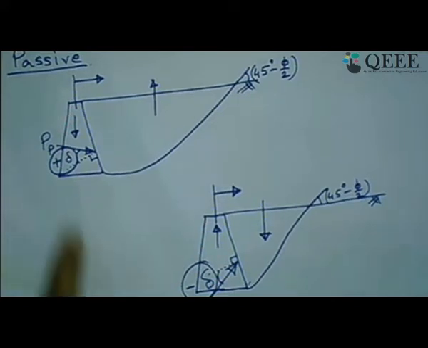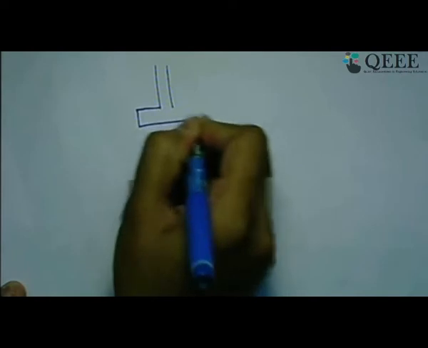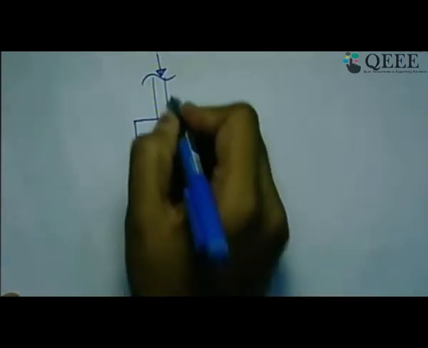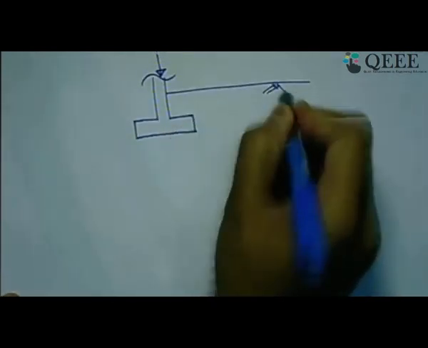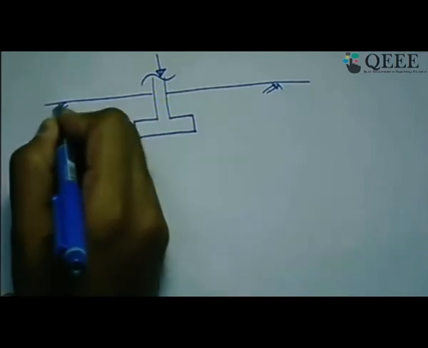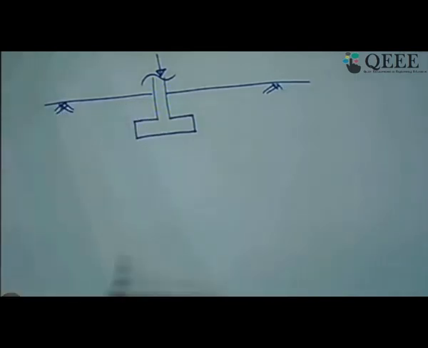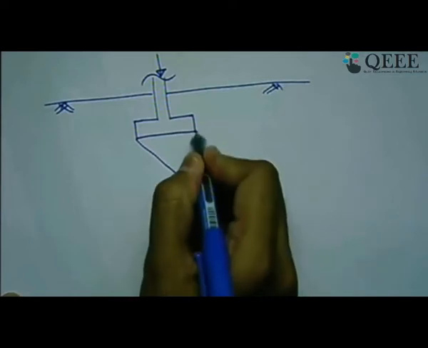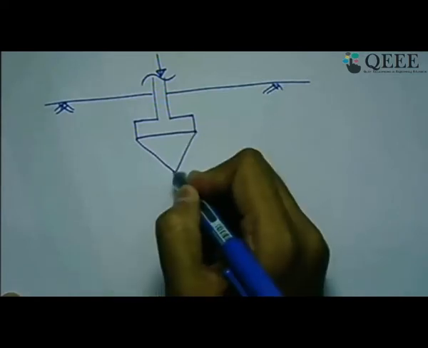What are those applications? Let us take a cue from these two pictures. We can easily correlate that the passive earth pressure problem is nothing but, for any shallow footing analysis, the bearing capacity problem is nothing but a passive earth pressure problem.